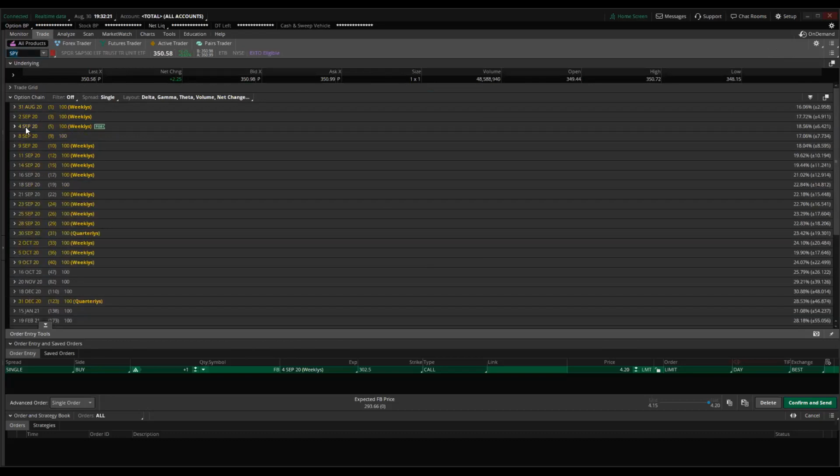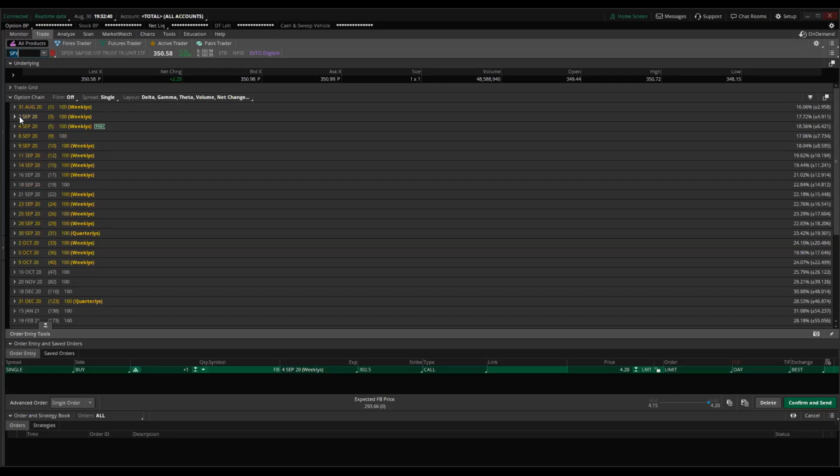SPY does this confusing thing where they have 0 day trades, the 0 expirations, in the chain. So you gotta be careful of that and actually look at your calendar, because I get confused on that a lot. I buy the wrong option because I think the first one is a weekly and the second one is next week. But no, you gotta actually pay attention.